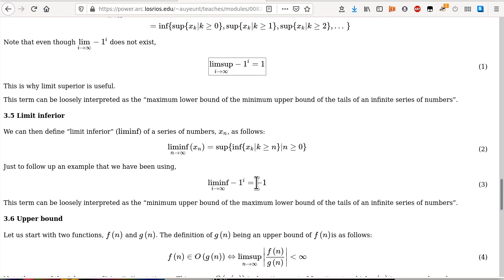The reason we look at them is to ask, what if the infinite sequence is oscillating and never settles on a particular value? These give us the tool to still have a well-defined value for that sequence, so we can still describe its asymptotic behavior. Are we doing okay in terms of understanding why we introduce limit superior and limit inferior?